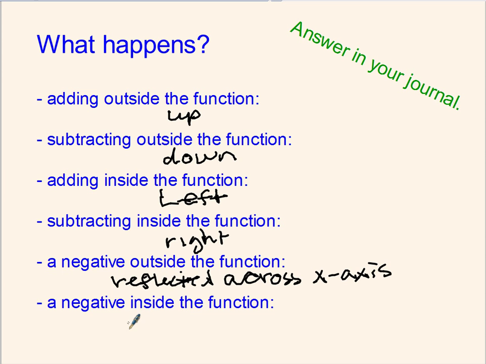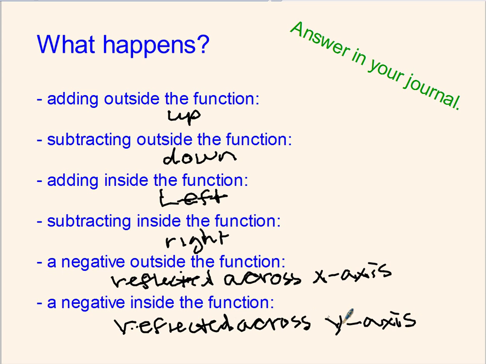And a negative inside the function reflected across the y-axis and changed the sign on all your x values, and your y values stayed the same.